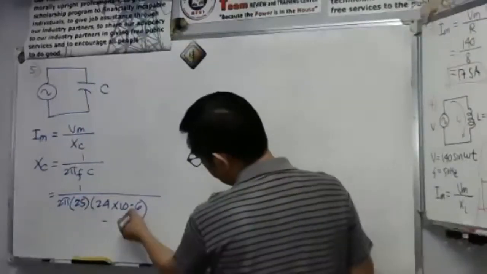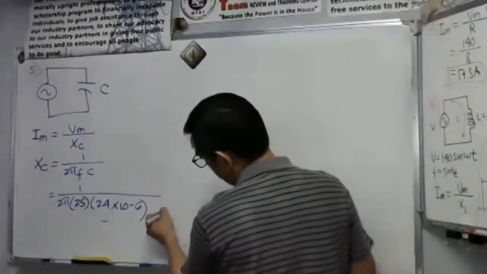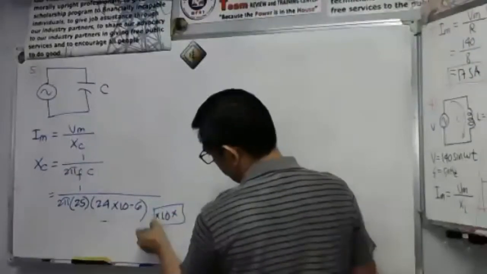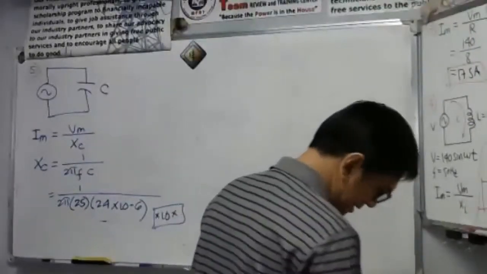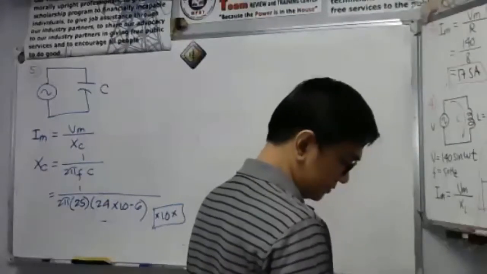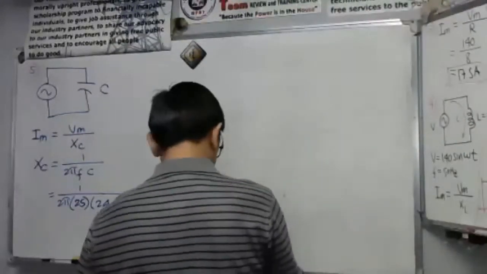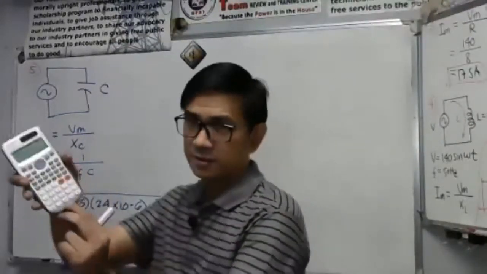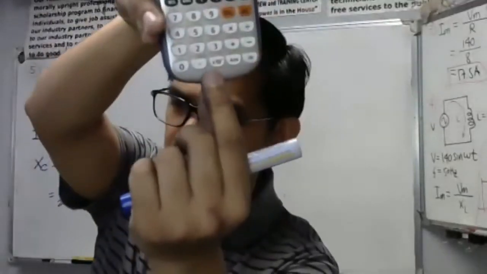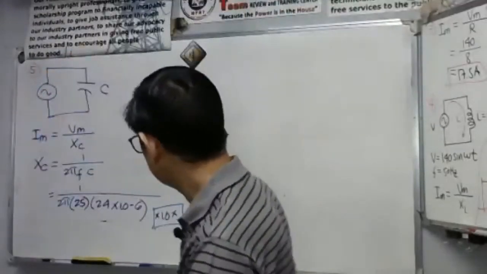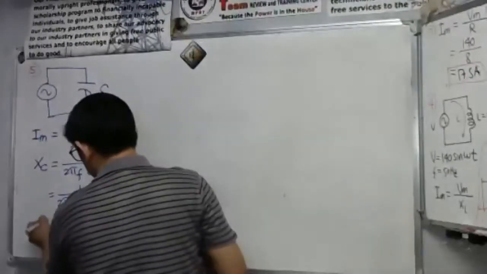So in your calculator, you have to press your times 10 raised to x. That is besides the ans button, no? The button below here. Okay? The button here.